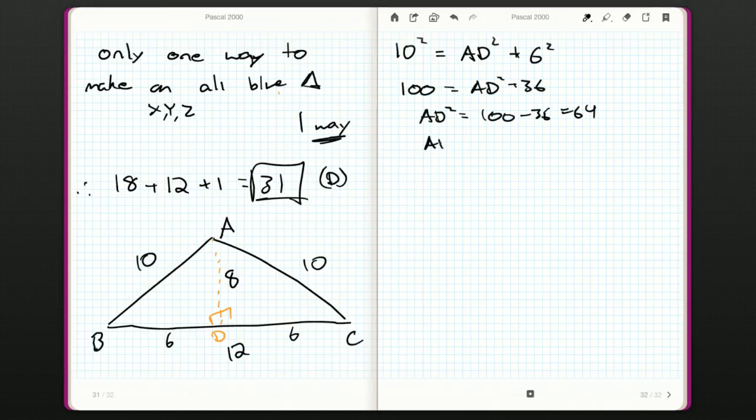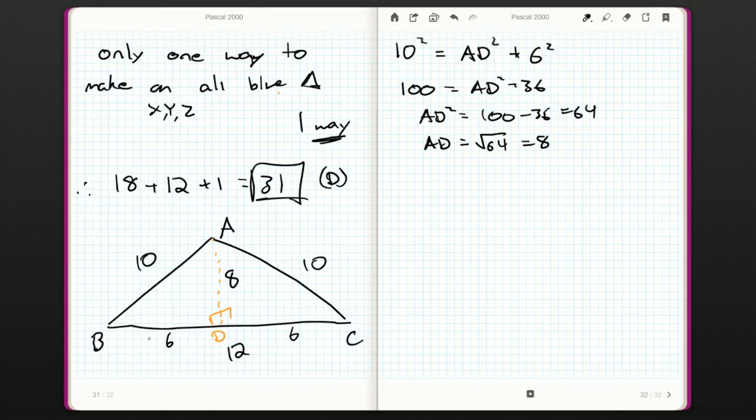And so AD is square root of 64, which is 8. However, if you do enough of these contests, there are certain Pythagorean triangles that come up a lot. The 3, 4, 5 triangle, the 6, 8, 10 triangle, the 5, 12, 13 triangle, the 12, 16, 20 triangle. These ones come up a lot, so you learn to recognize them, and when you identify them in a question, it can often tell you that you're probably on the right track.